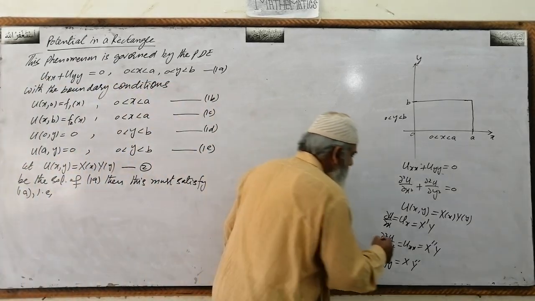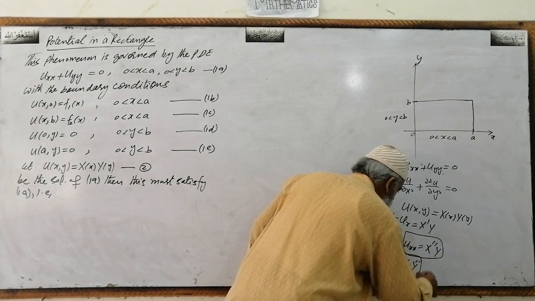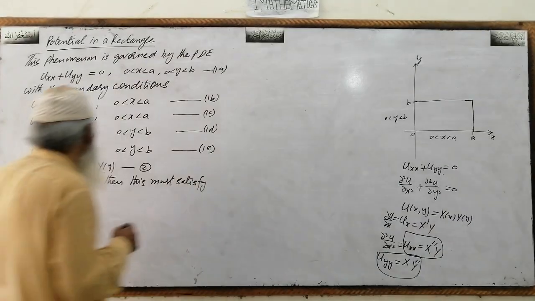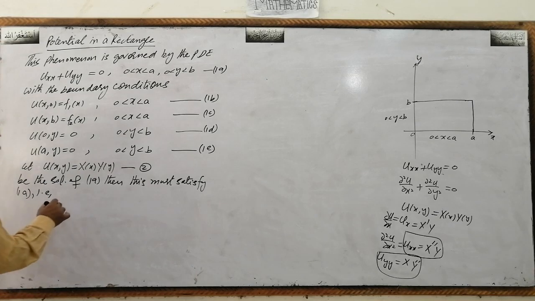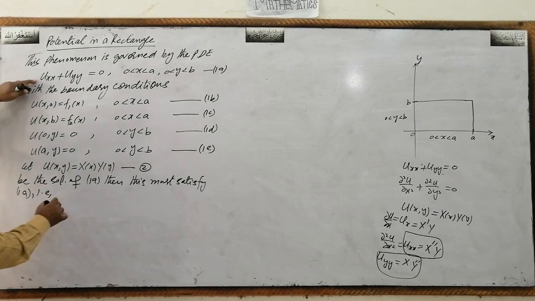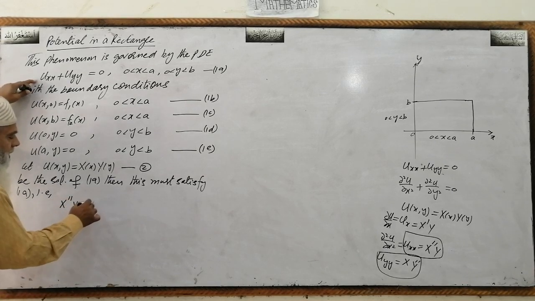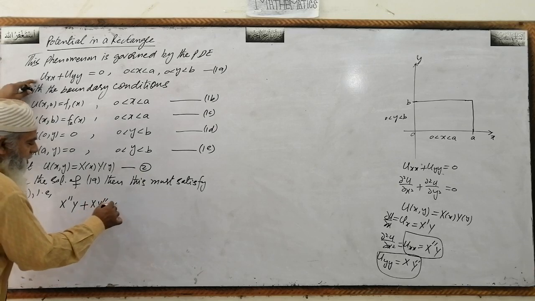Now, we put these values u double x and u double y in this equation. In this equation, u double x means x double dash y plus x y double dash is equal to 0.